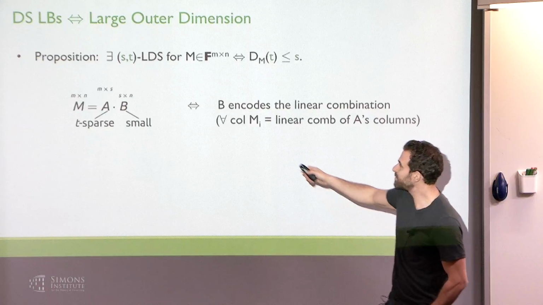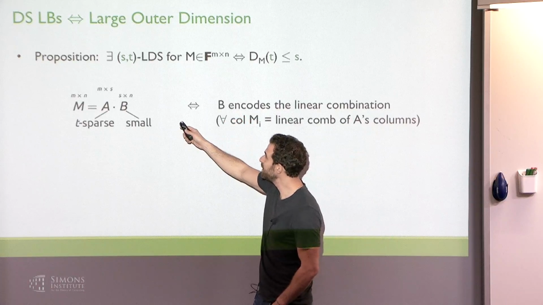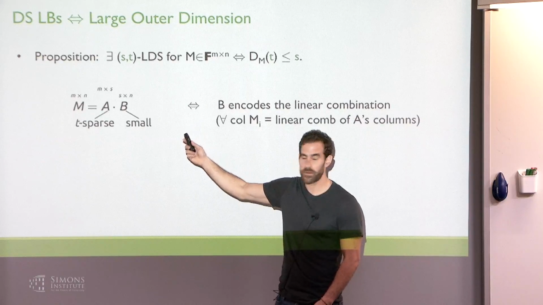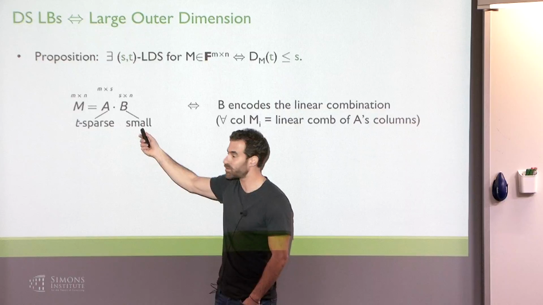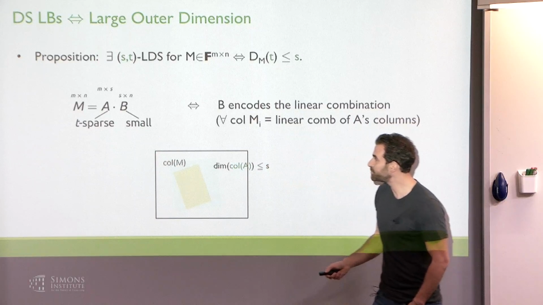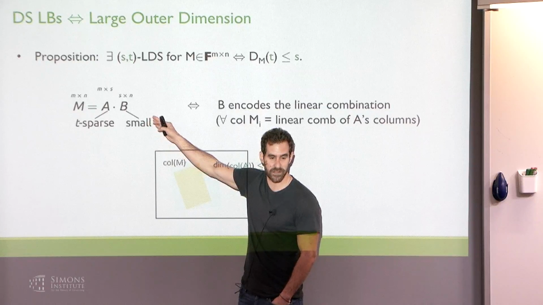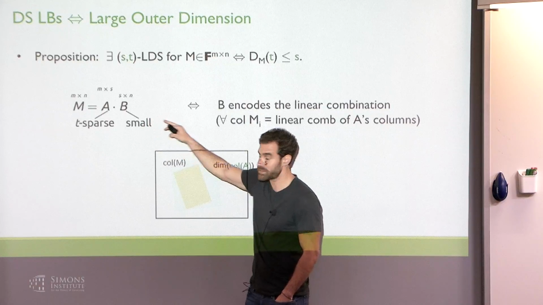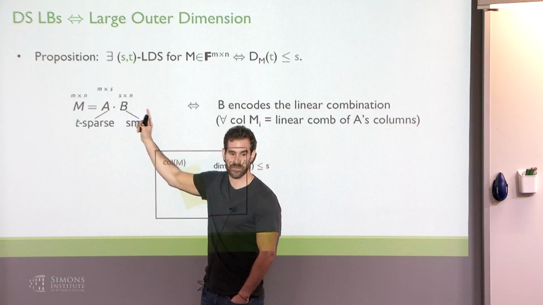Okay. So this is nothing more than just an observation. I claim that if a linear problem admits a linear ST data structure, it admits this factorization, which means that this factorization is exactly the low-dimensional subspace that contains the matrix. What does that factorization mean?